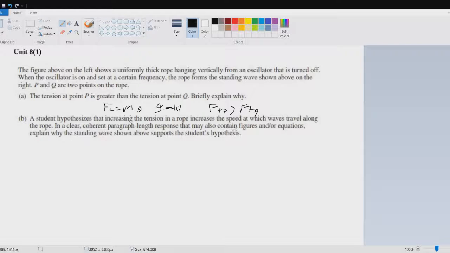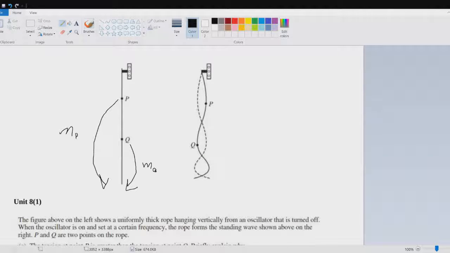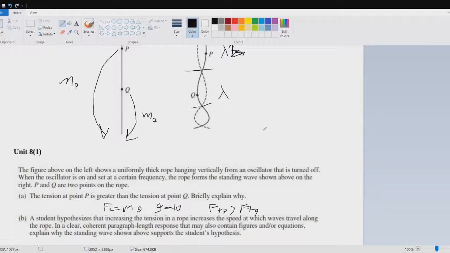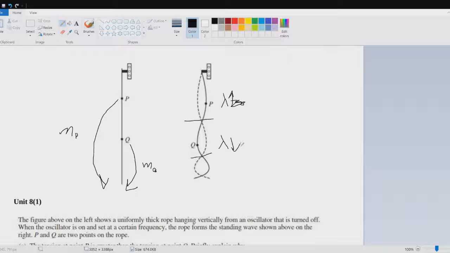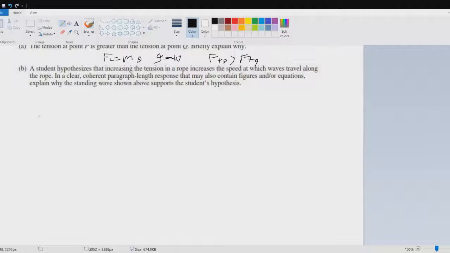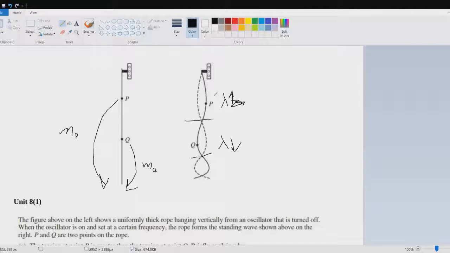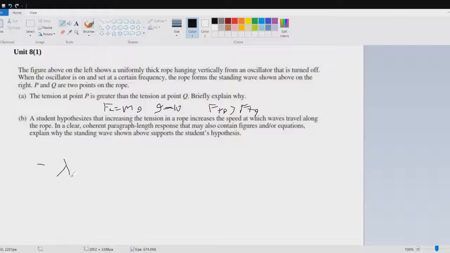And so the first thing you'd want to do is note that the wavelength of point P is greater than the wavelength at point Q. And so we'd want to make a note of that in our essay, that the wavelength of point P is greater than the wavelength of Q.